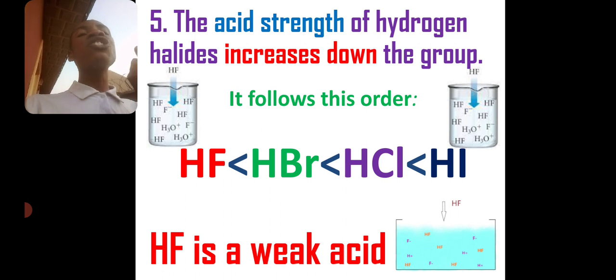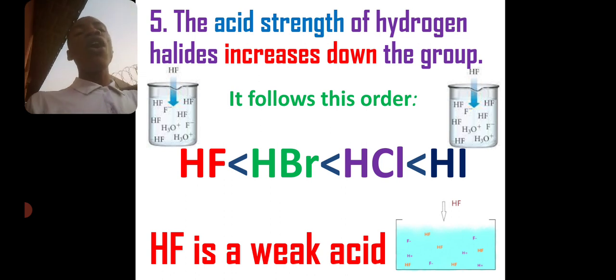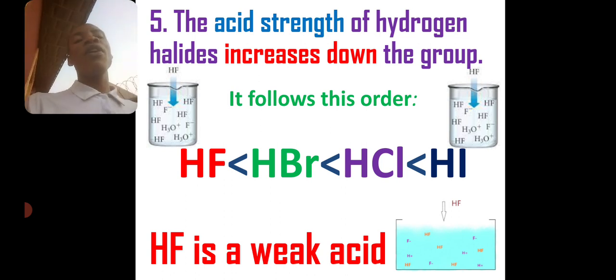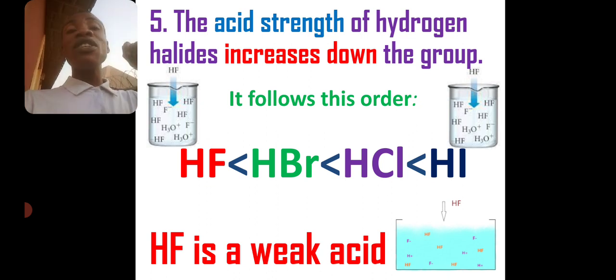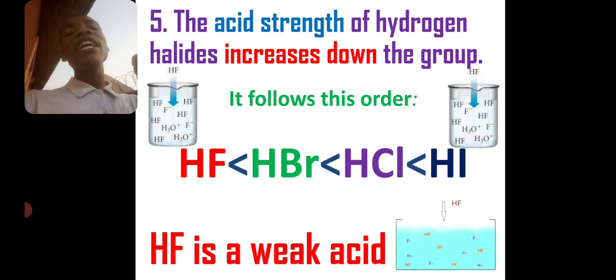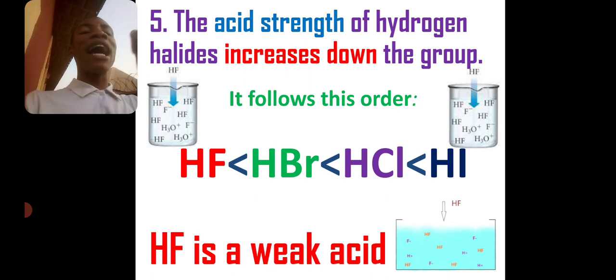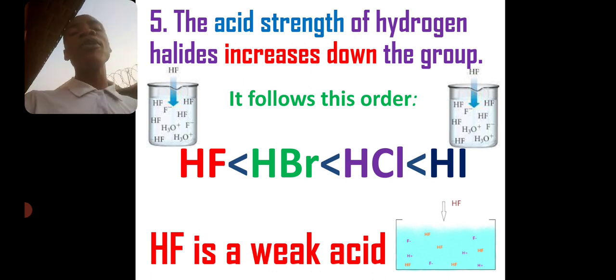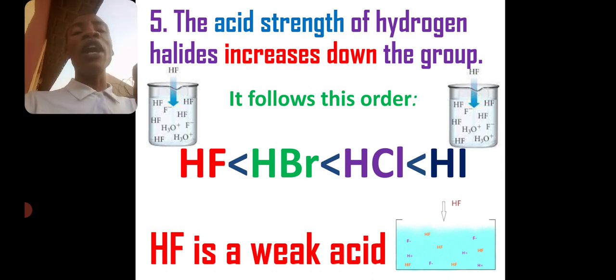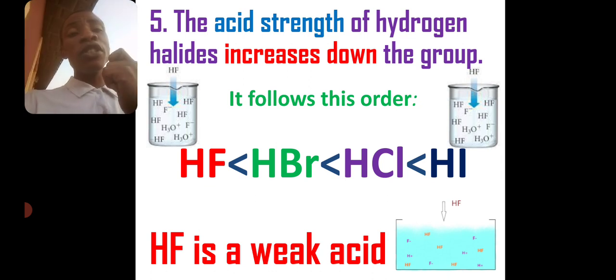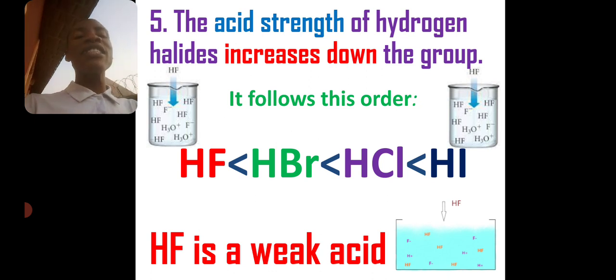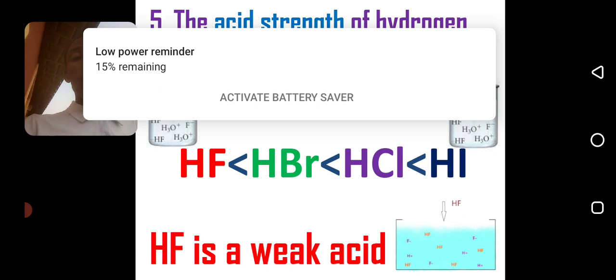Alright, the acid strength of hydrogen halides also increases down the group. Hydrogen fluoride, or hydrofluoric acid, is the weakest acid among the halogen series, because hydrogen fluoride contains hydrogen bonding, which prevents the hydrogen from being released as hydrogen ion.